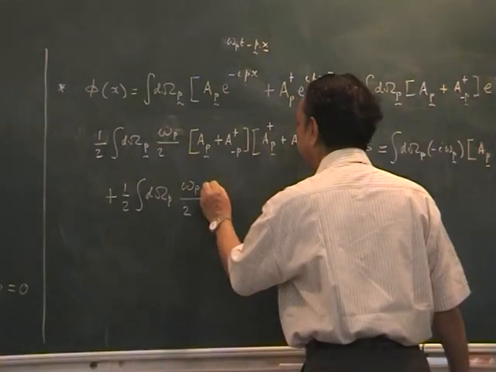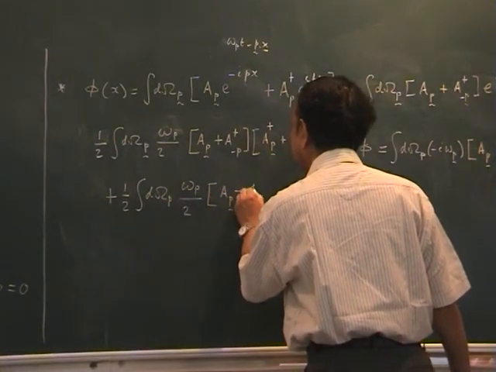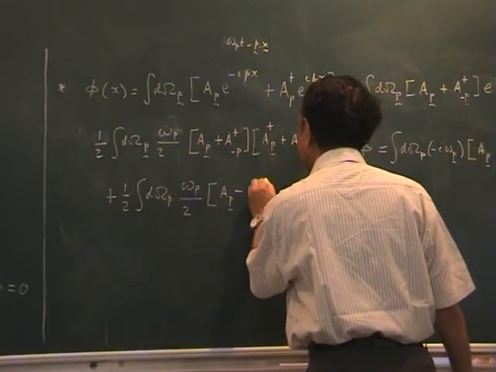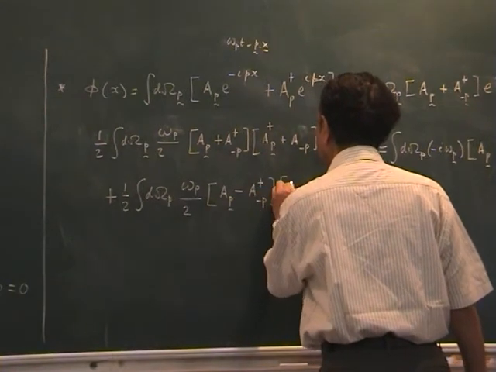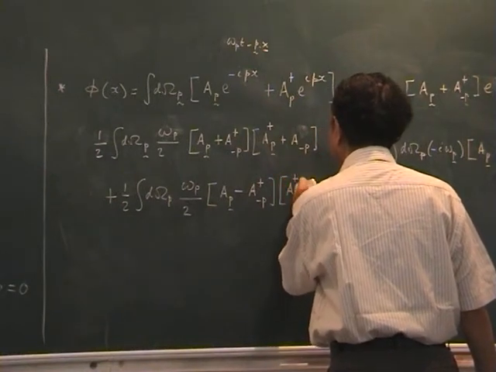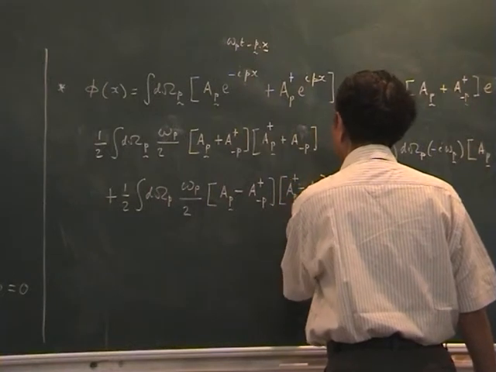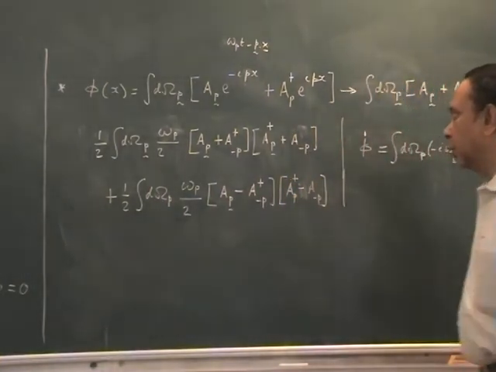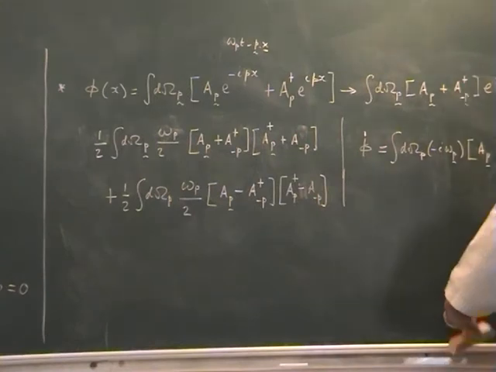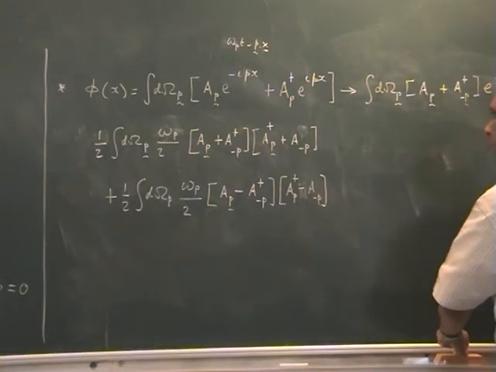Then I will have A_p minus A minus p dagger, A_p dagger plus A minus p, minus. Okay, this is what we have. We don't need this anymore. Okay, so what is this?